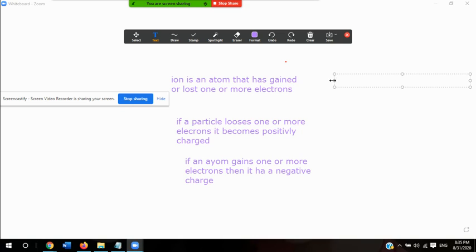In our organism, there are a lot of ions that are very useful for us. For example, positively charged hydrogen, also commonly known as hydrogen plus, or positive hydrogen.